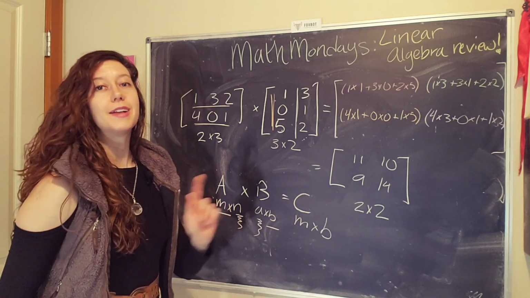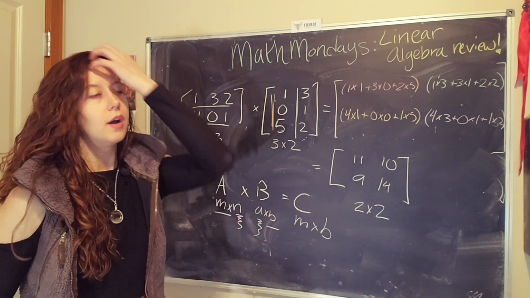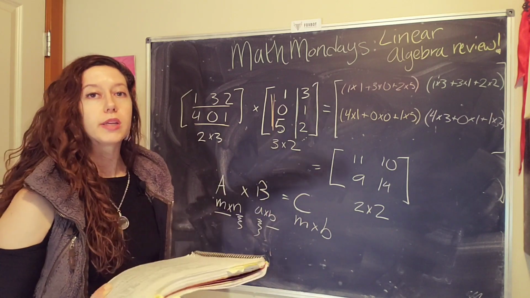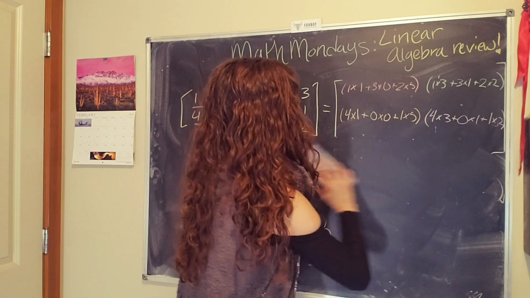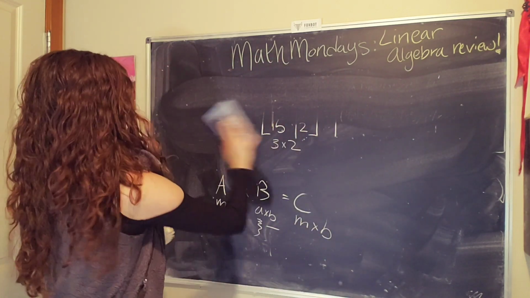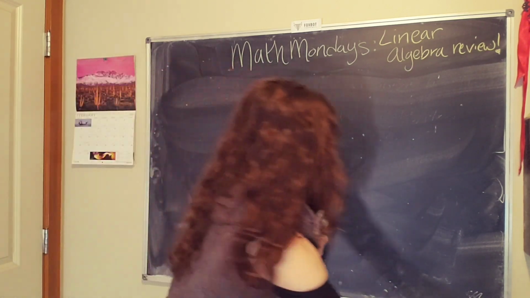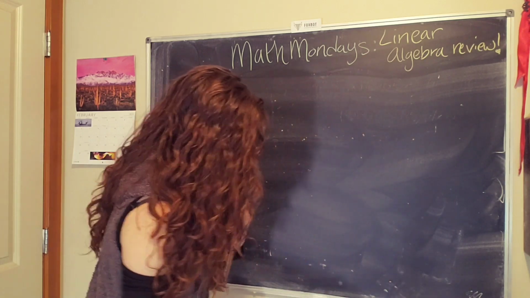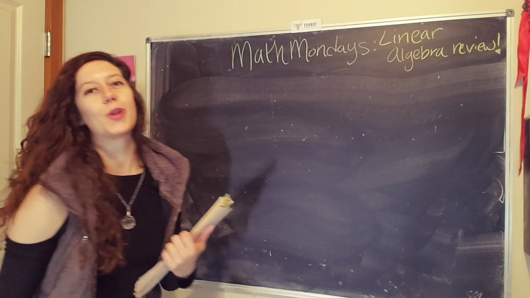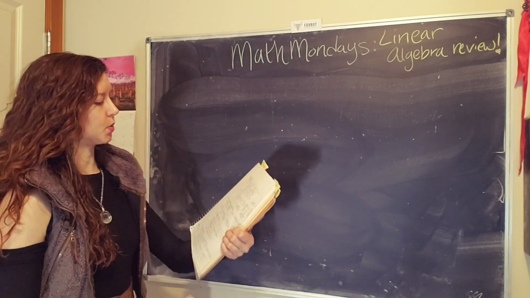Okay, so let's do an overview of the properties of matrix multiplication. So we're going to need a lot more board space for that. There are 3 properties in particular that we want to look at.